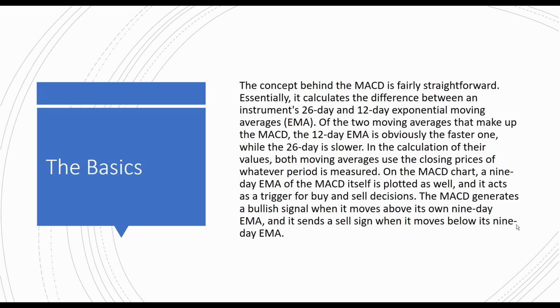Okay. If you're using a 15-minute chart, what would it be? The closing price for the last 12 15-minute periods. Okay. So both moving averages use the closing price of whatever period is being measured. On the MACD chart, a 9-day EMA of the MACD itself is plotted as well.